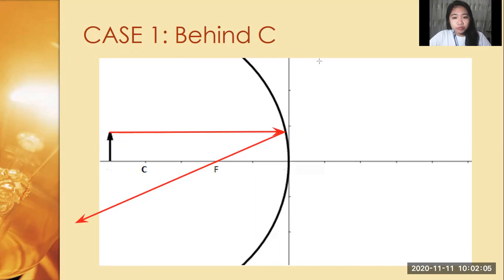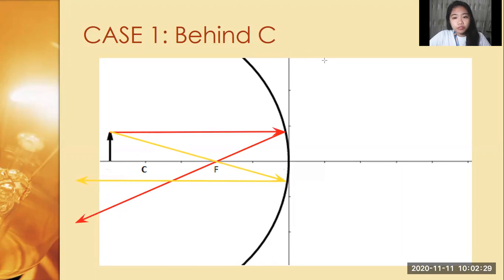Next, for SR2, I'm going to use yellow. So let's start again. This is the opposite of SR1, passing through here. Okay, and then parallel to the axis.